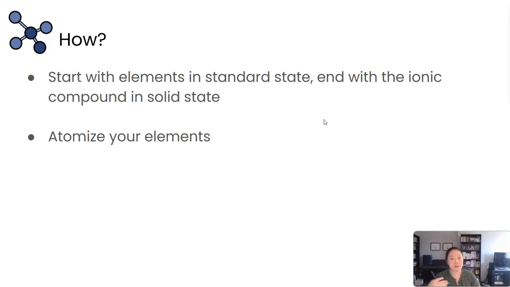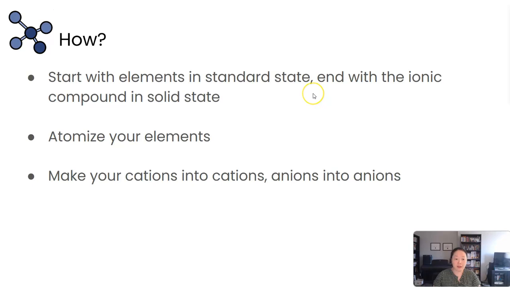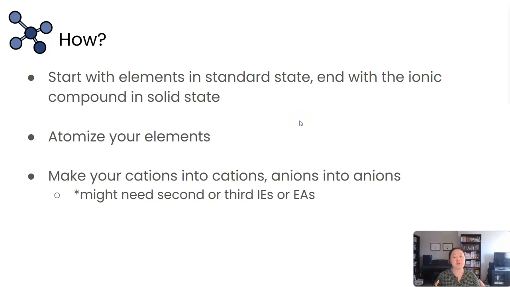And if you have anything diatomic, well, that's going to need to be broken up into the individual atoms as well. Then you make sure your cations are going to become cations and your anions become anions. The energies associated with these are your ionization energies and your electron affinities.